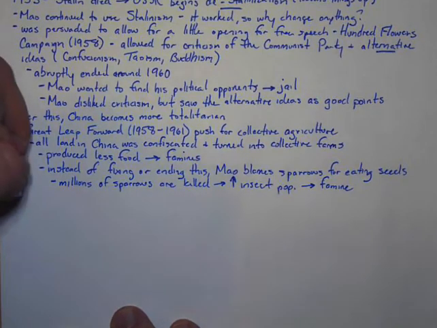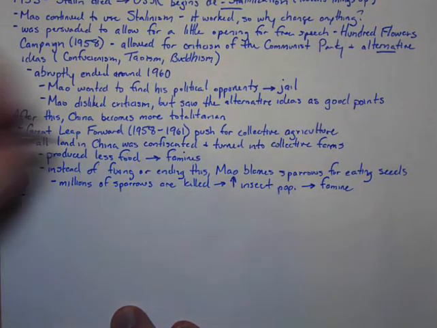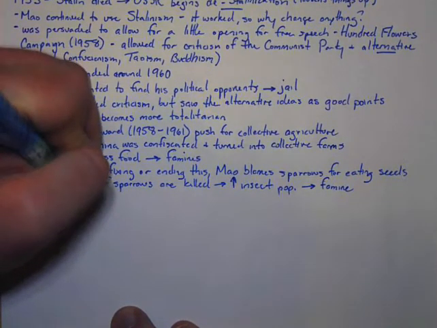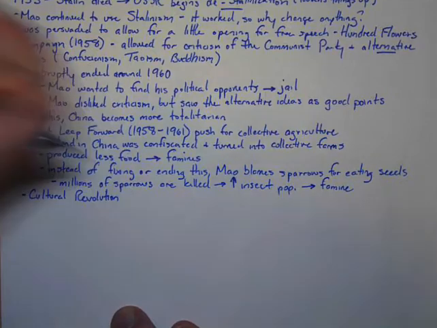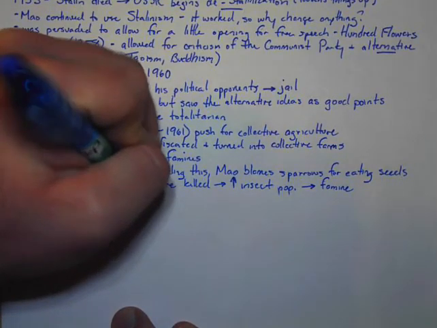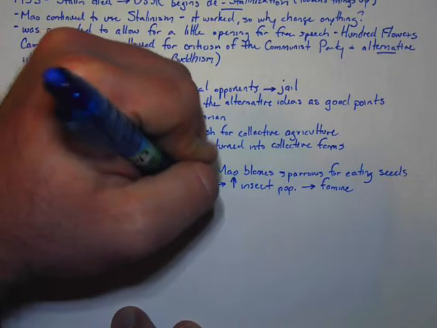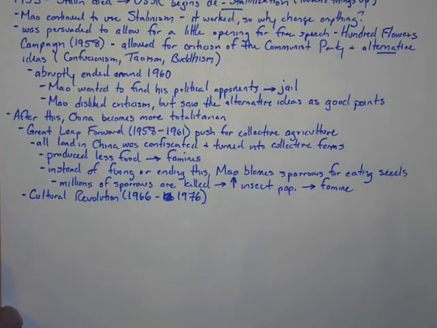The second policy goal is called the Cultural Revolution. And this starts in 1966 and goes until 1976 when Mao dies.